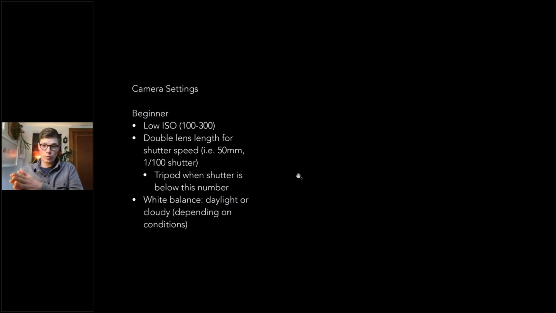So 1/150, 1/200. And if you start finding that you need to bump up the ISO to get the right exposure, then put your camera on a tripod. Or if you need to go below 1/50 for a 50 millimeter, you really need to be getting on a tripod to make sure that everything is crisp and that you don't have any movement from hand holding.